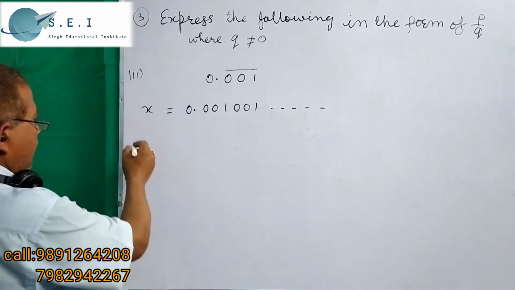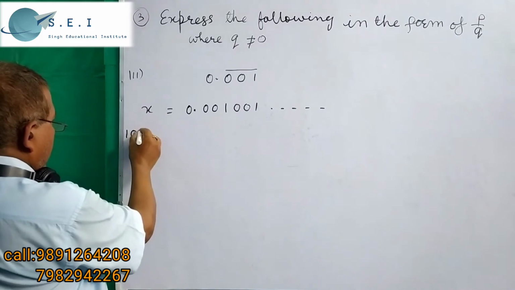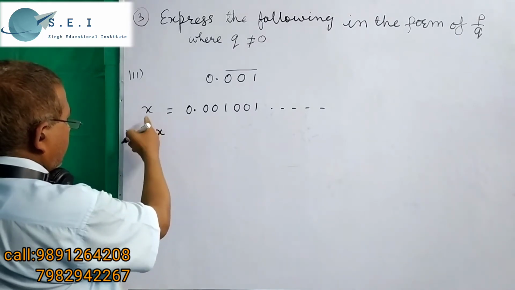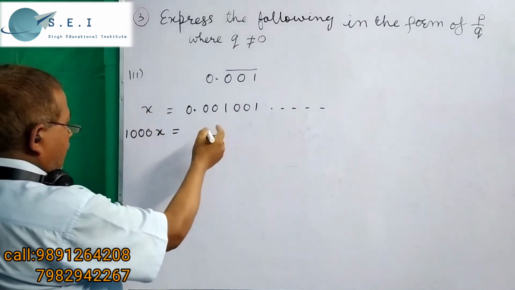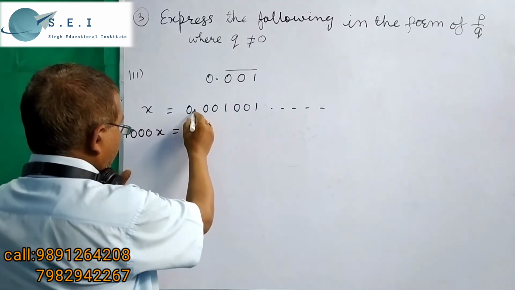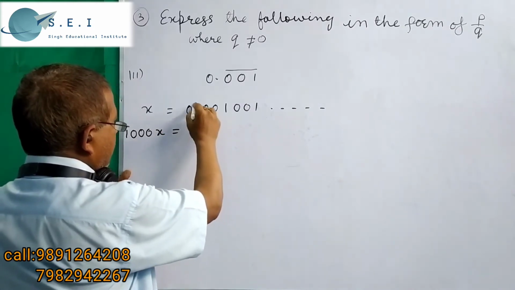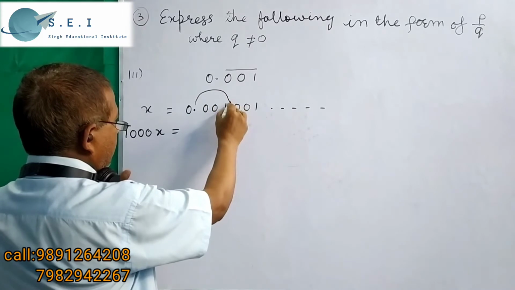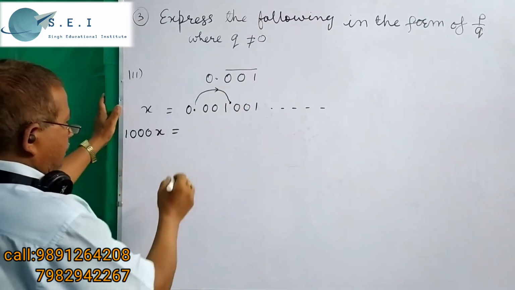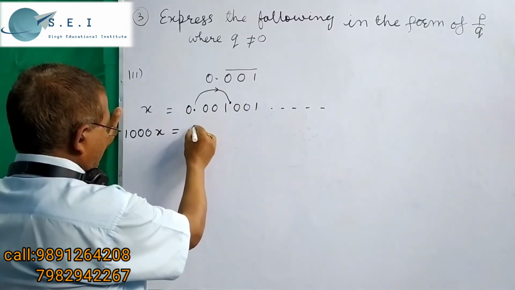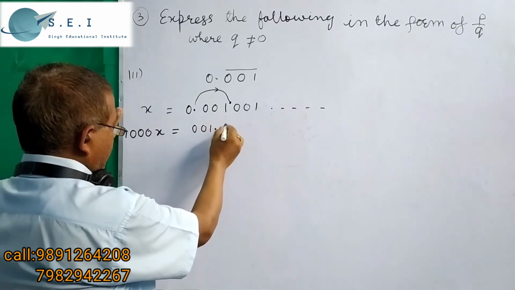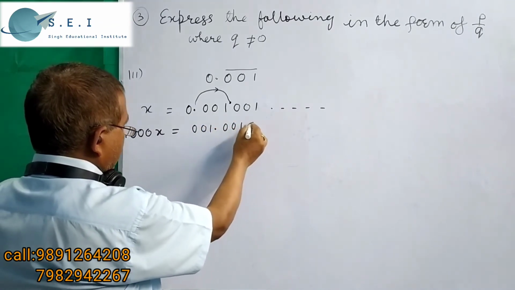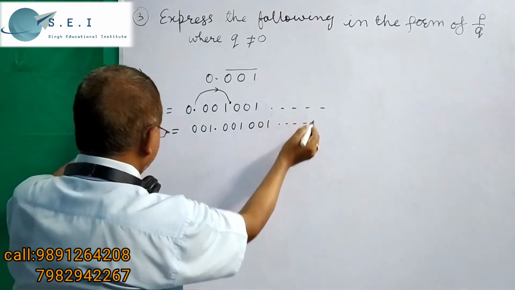So we should multiply by 1000 on either side of this equation. After multiplication by 1000, the decimal shifts 3 digits to the right, so it is 1.001001 and so on.